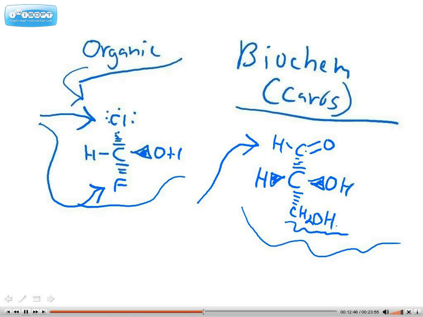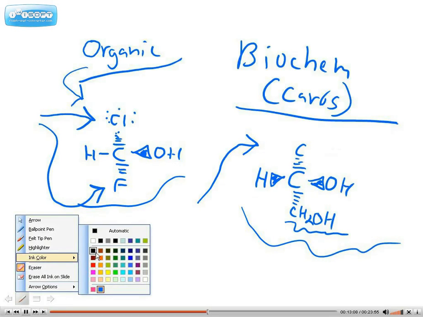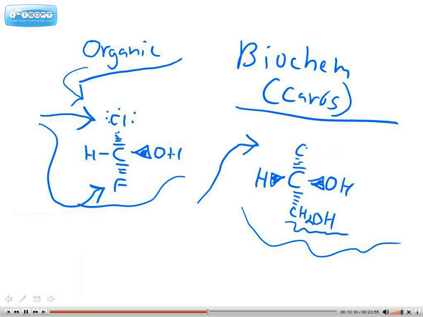Instead of showing the double bonded carbonyl group in an aldehyde, you may see something like this, where it's summarized as a C, H, and O. And this is code meaning aldehyde.